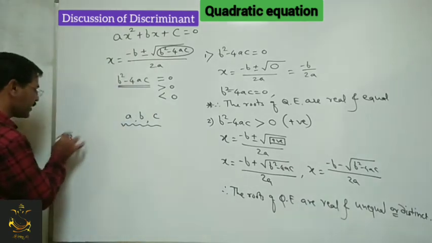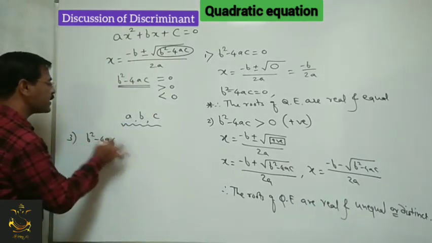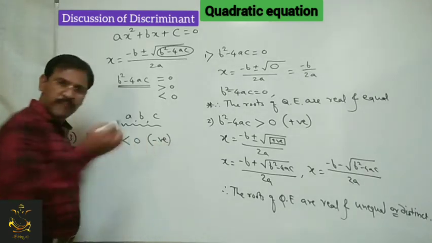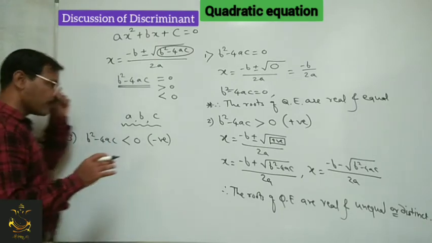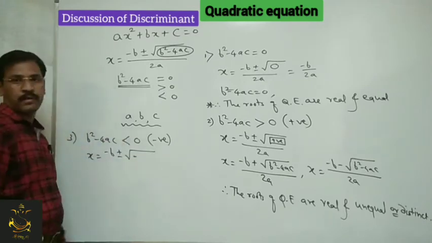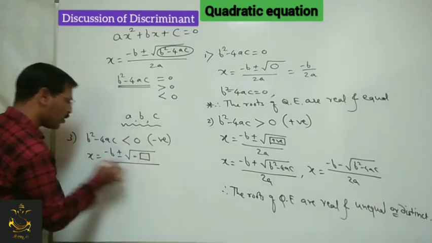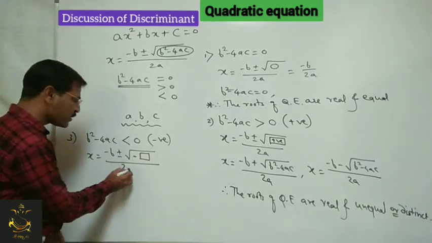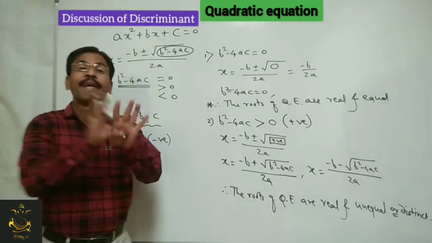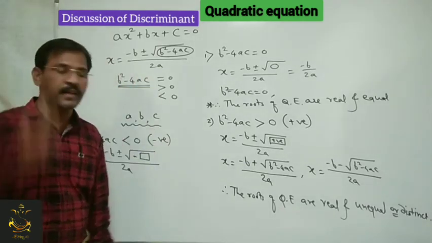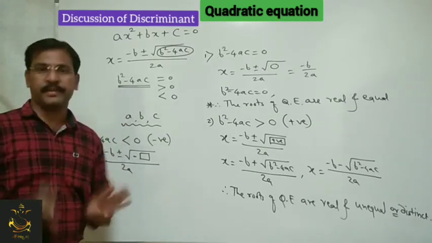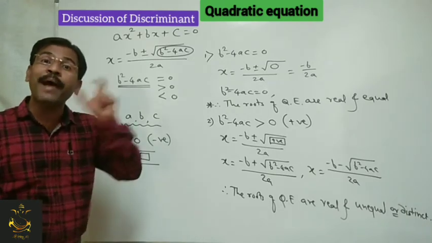Now we'll discuss the third possibility, which is less than 0. If b square minus 4ac is less than 0, it is negative. Now look here: x equals minus b plus or minus the root of a negative number, upon 2a. Whenever we take the root of a negative number, we cannot find the root in real numbers. In your further studies, that will be discussed; it is called an imaginary number.